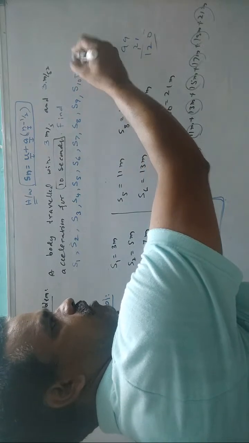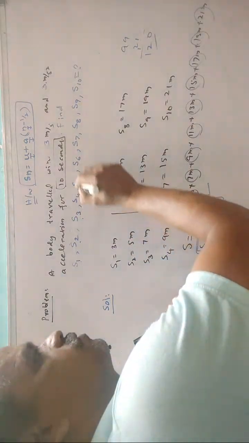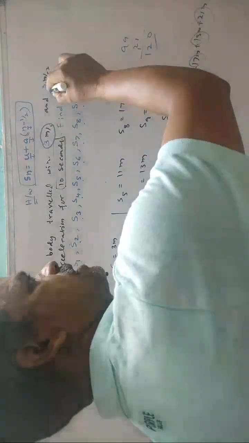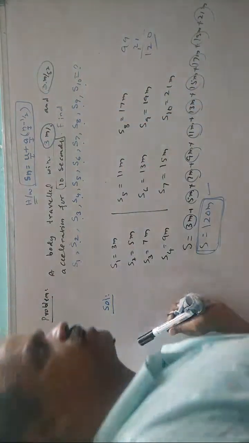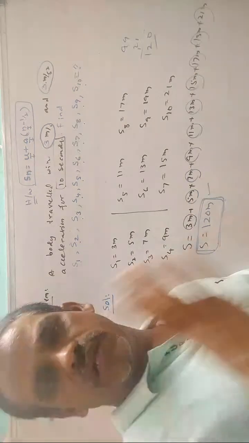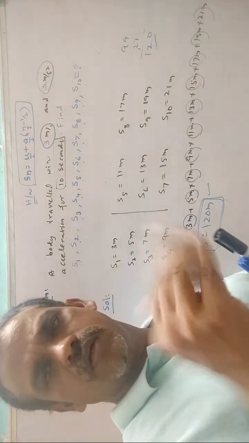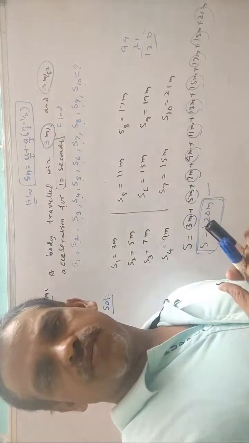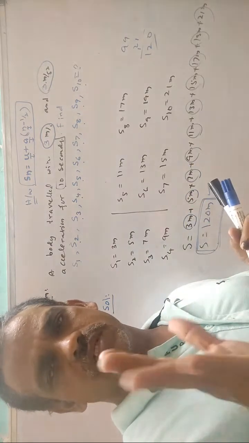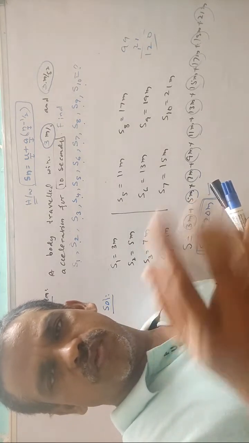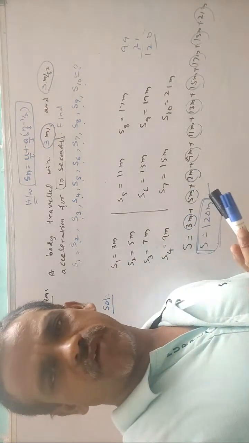We have to find all these things. For that you have the information U equal to 3 meter per second, A equal to 3 meter per second square. If you have the answer in fraction also, leave the answer in fraction only. Don't go for decimal, otherwise little bit complications will come. So just what I am saying is, if you are getting the answer in 1 by 2, 3 by 4, 5 by 4, like that, leave that in fraction only. Don't go for decimal.